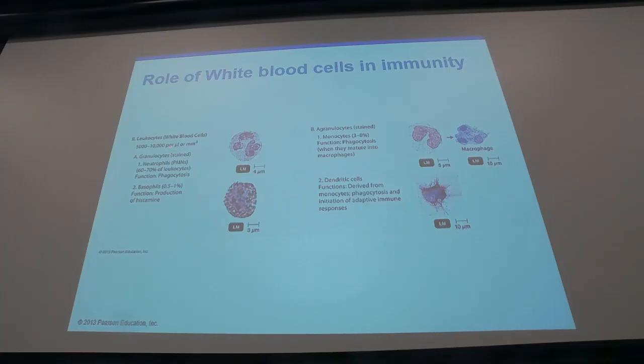And these ones form between 60 to 70% of the leukocytes. That's the percentage, so neutrophils are 60 to 70% of the leukocytes.